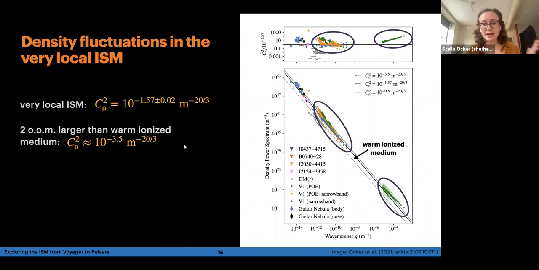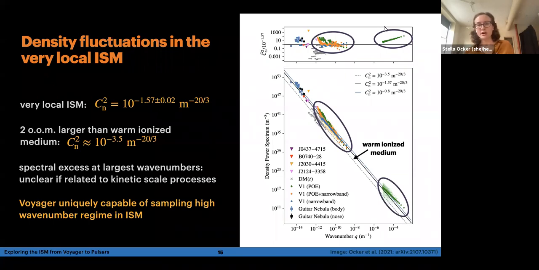But in the very local ISM probed by Voyager, we see that this spectral amplitude is around 10 to the minus 1.6. And so one of the main explanations for this amplified turbulence is that Voyager 1 is seeing a superposition of both interstellar and solar wind turbulence, which is a product of its location in close proximity to the heliosphere.